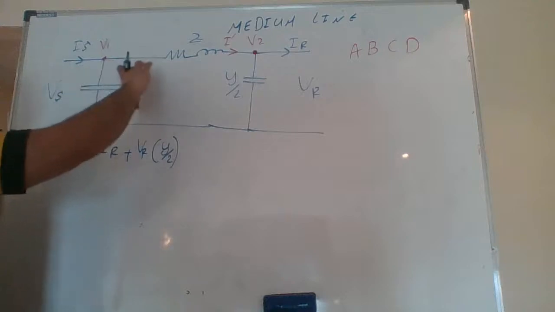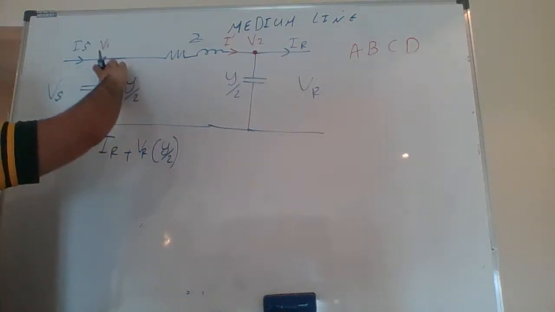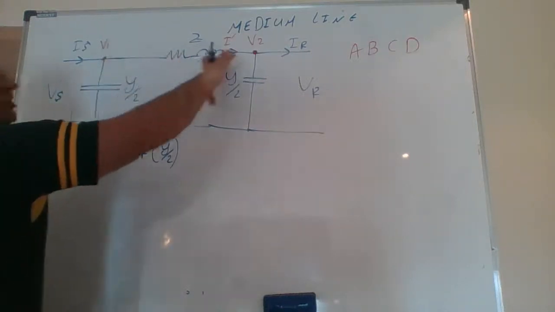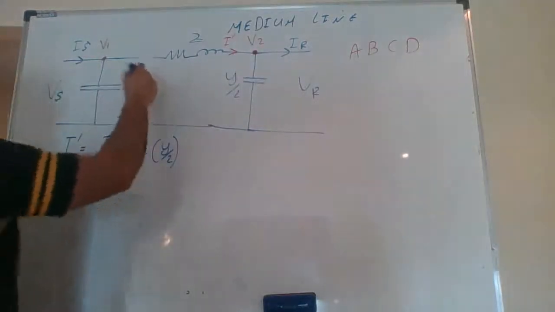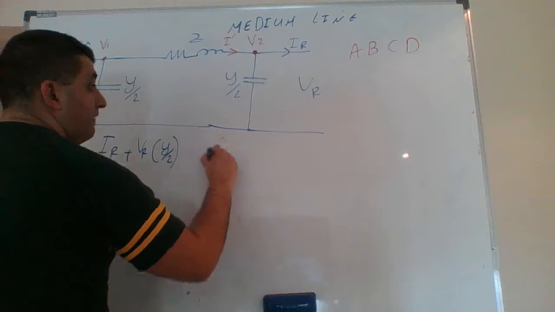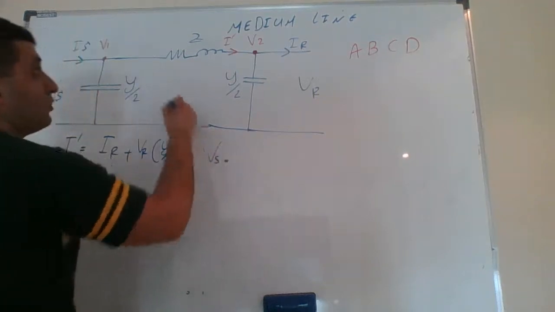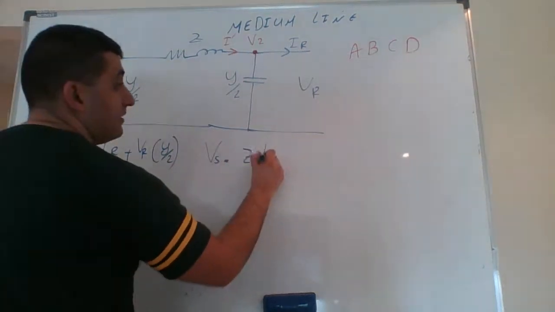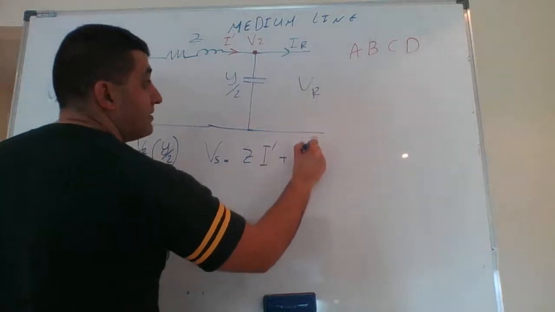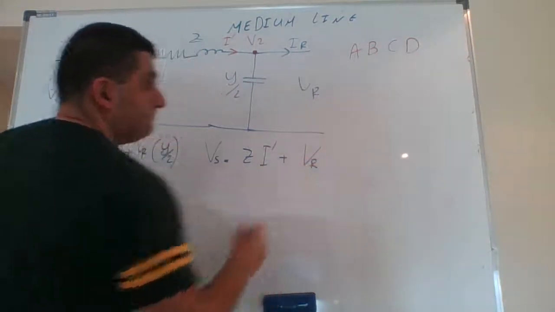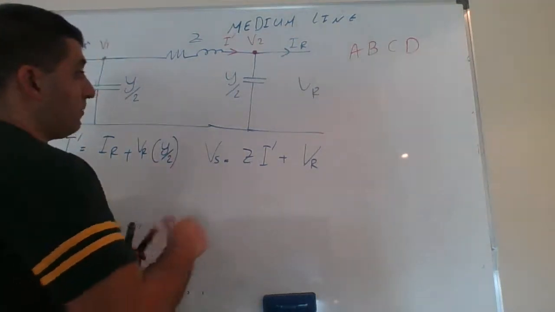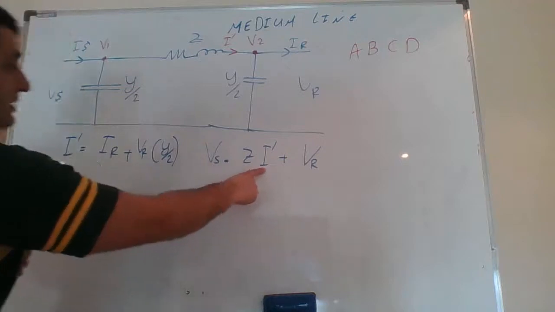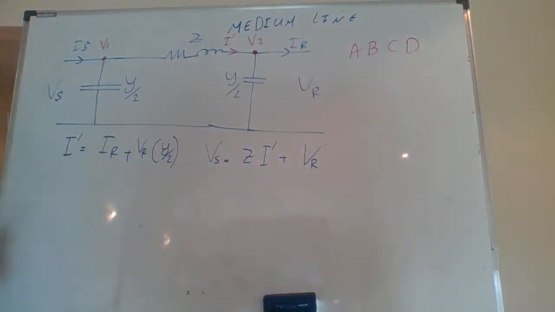Vs is across the capacitor value, which is equal to this voltage plus this voltage. Vr is across this. So now, from my circuit analysis, Vs will be equal to Z I dash plus Vr. All I have to do now is replace I dash with its value.